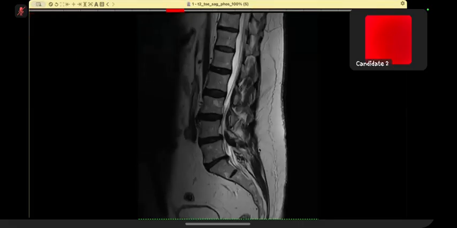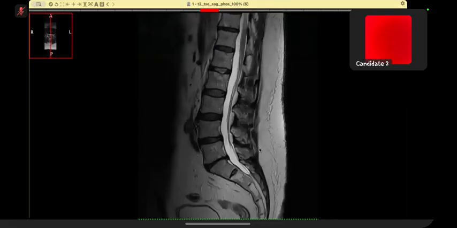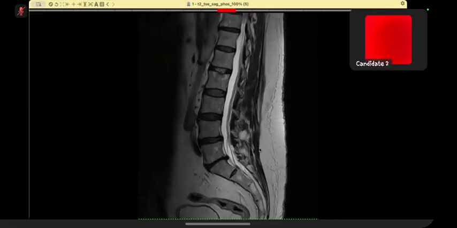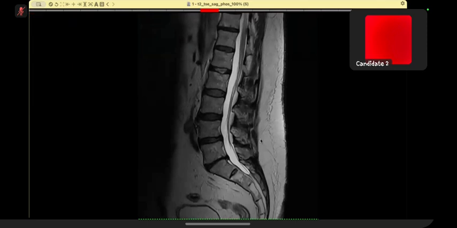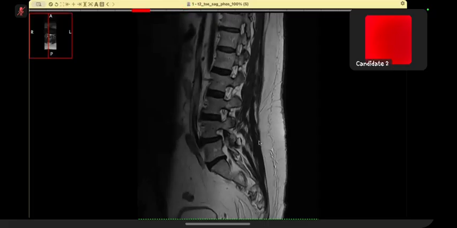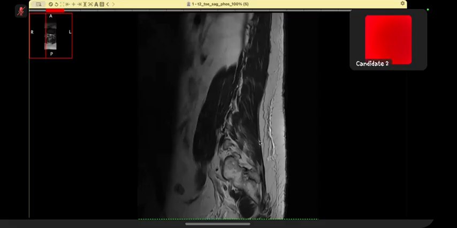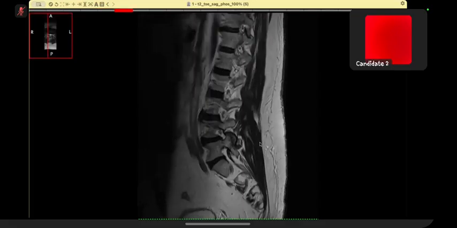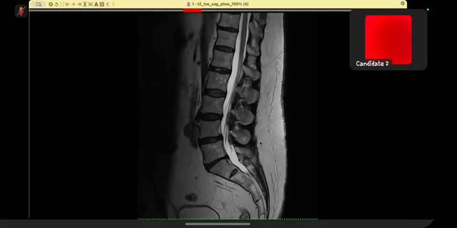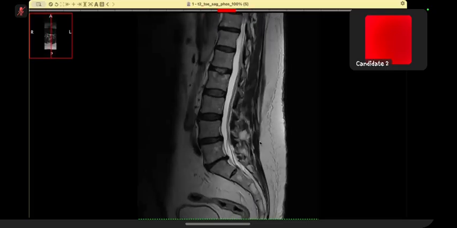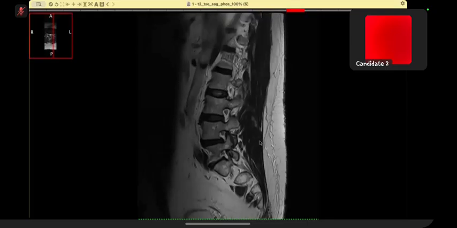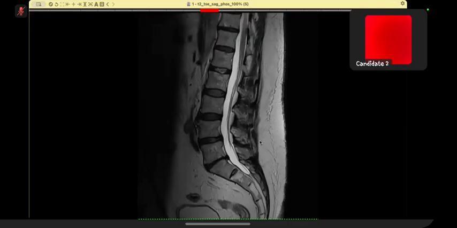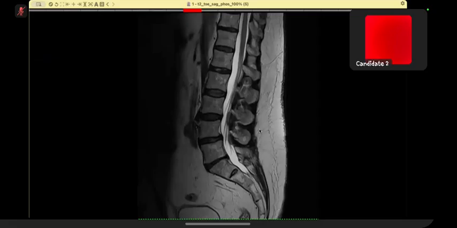The exiting nerve roots seem to be intact on both sides, and the spinal cord also ends in its normal position.